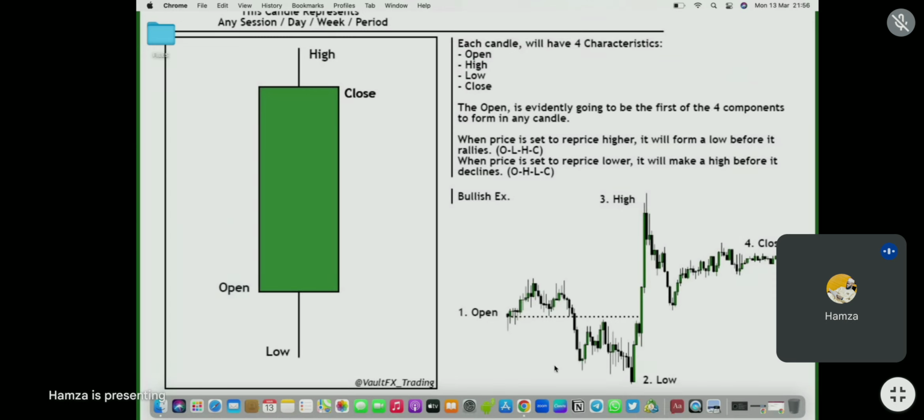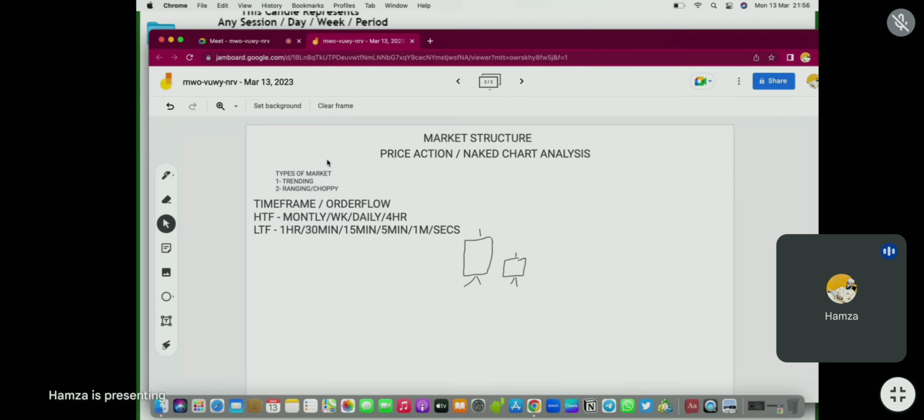Now, there's something we call fractal price action. What fractal is saying is, of course, going back to the Russian dolls example, the big and the small are all the same things, just at different sizes.